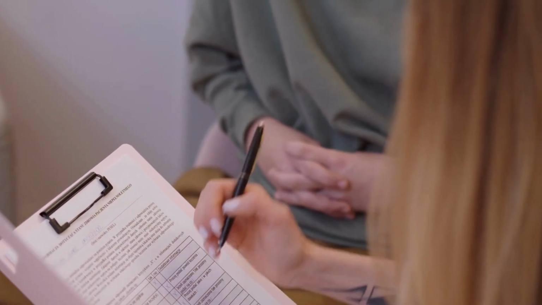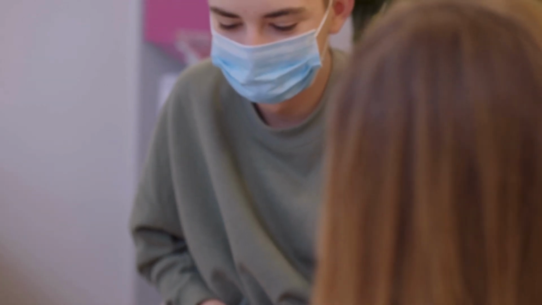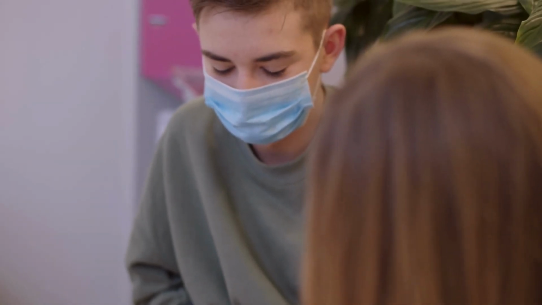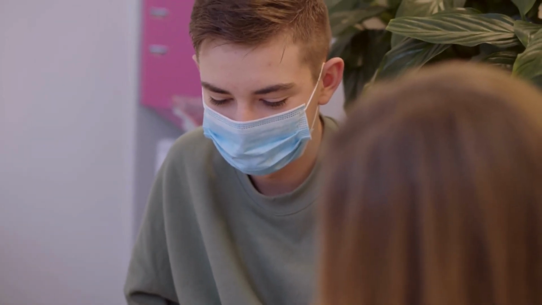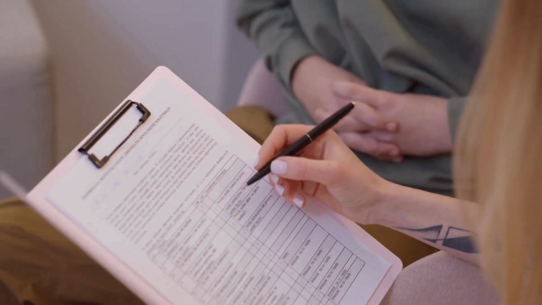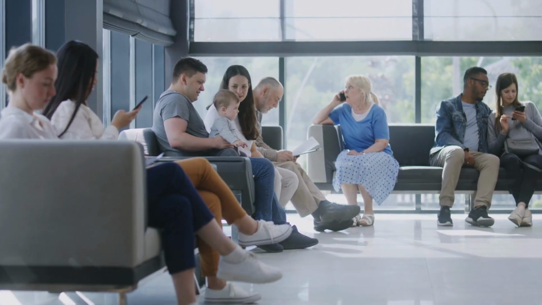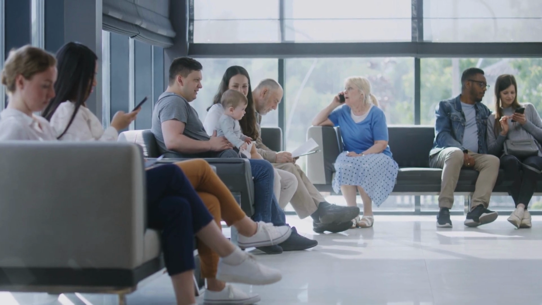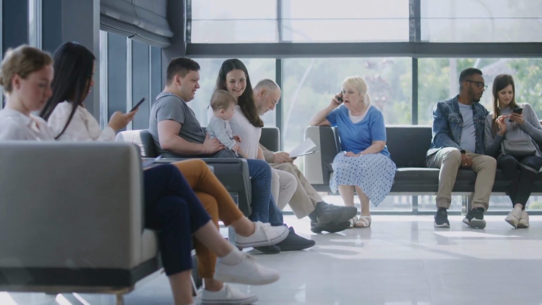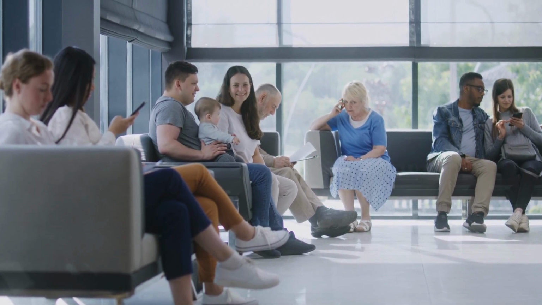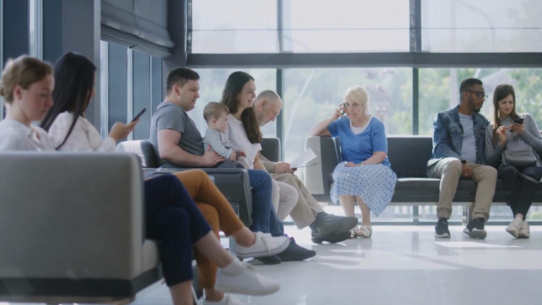Key elements to consider include how participants were chosen, the use of randomization to assign treatments or interventions, the implementation of blinding, where study participants and sometimes the researchers do not know who is receiving which treatment, so it's double blind or single blind accordingly, and how well the study was controlled for confounding factors.